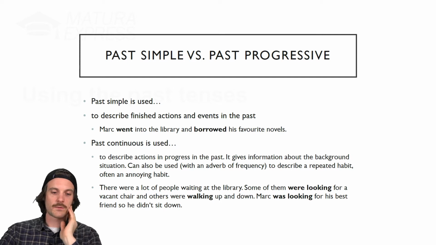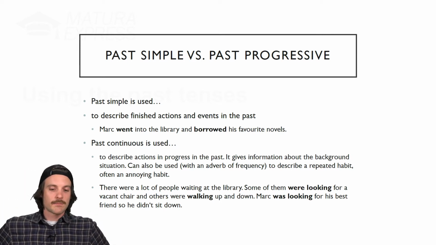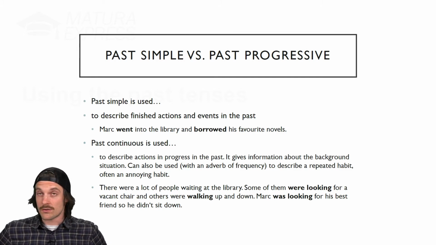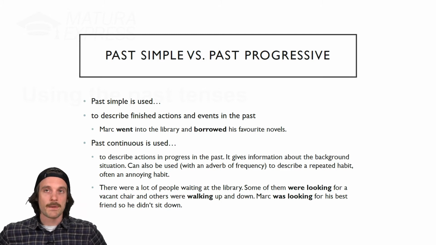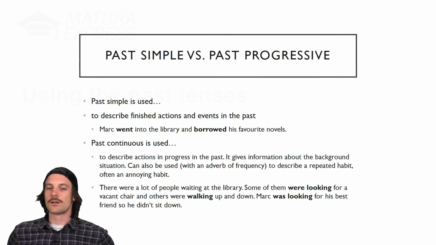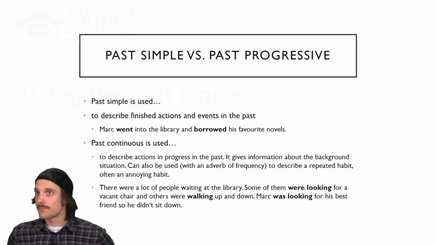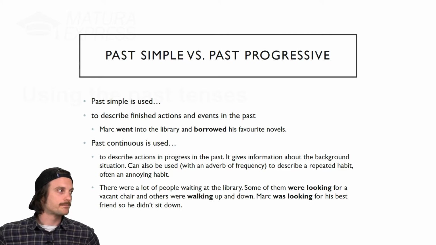Mark was looking for his best friend, so he didn't sit down. Okay? I hope you get it. There are a lot of actions, longer actions actually, going on. Some people were walking, some of them were looking, and Mark was looking too. Because it wasn't just a simple event that occurred.